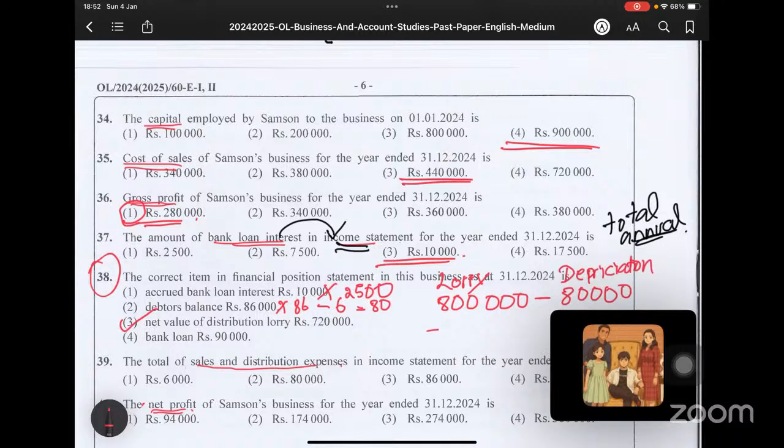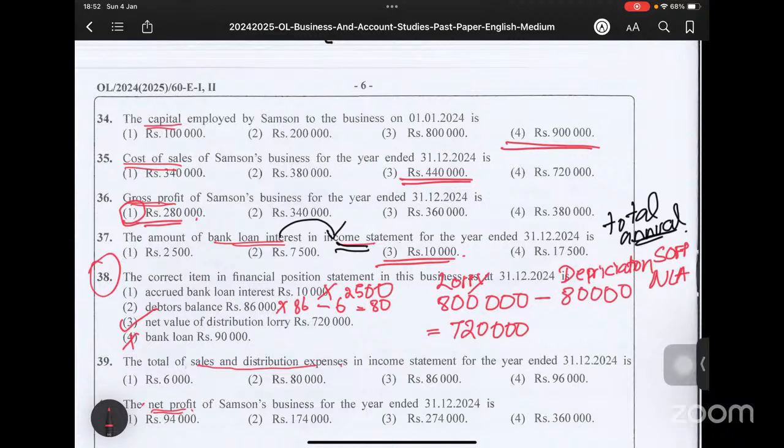So if we deduct that, then we have to put the net value of 720 under non-current assets in the statement of financial position. So that is the answer. Bank loan 90,000? No. The bank loan will be the same, 100,000. We won't deduct the interest there. You got it? Yes.